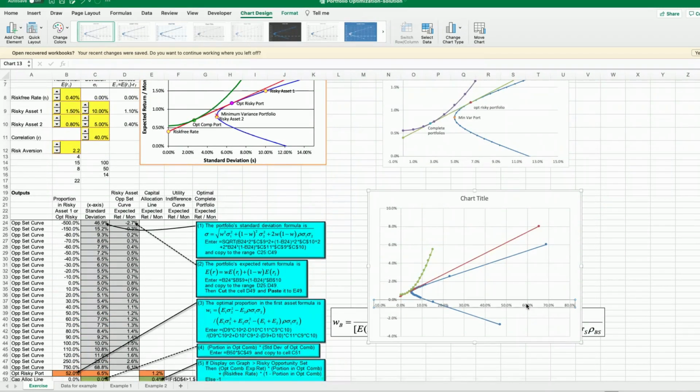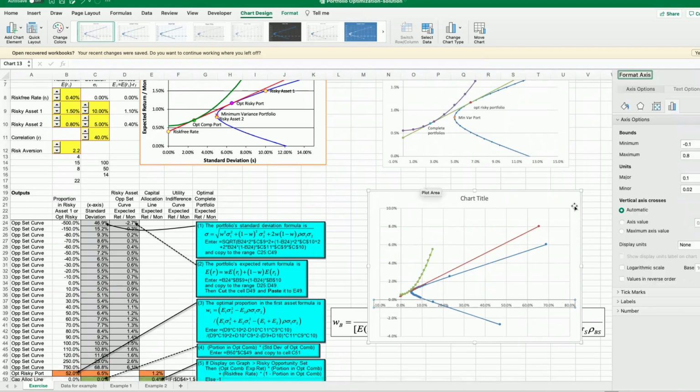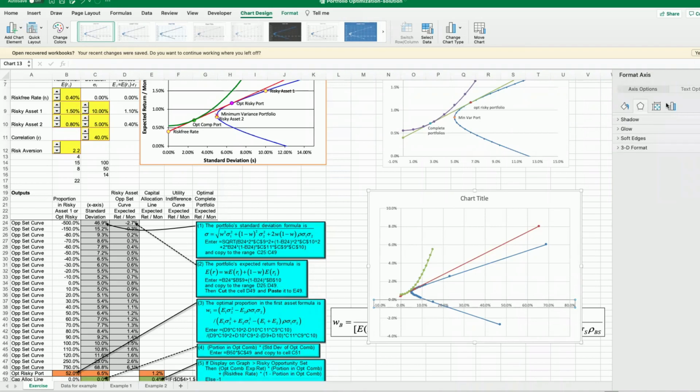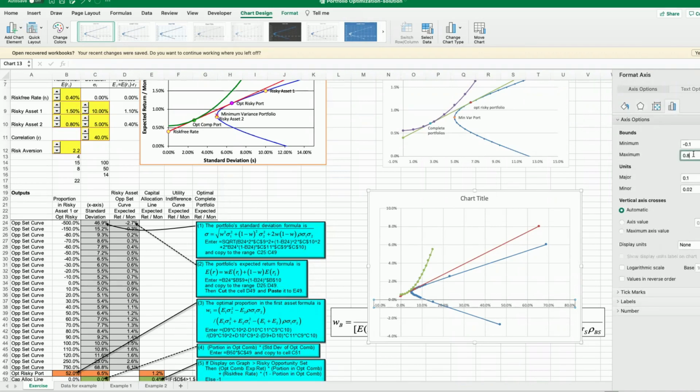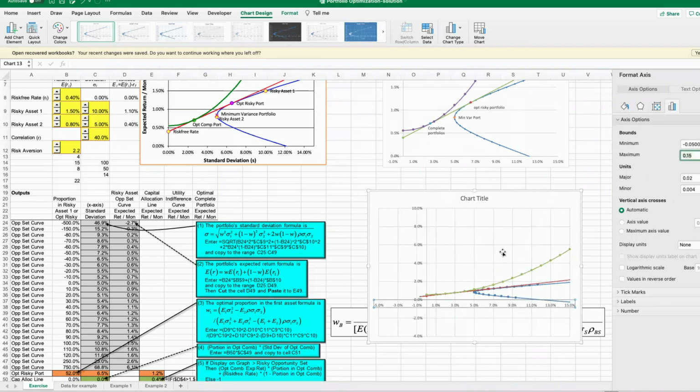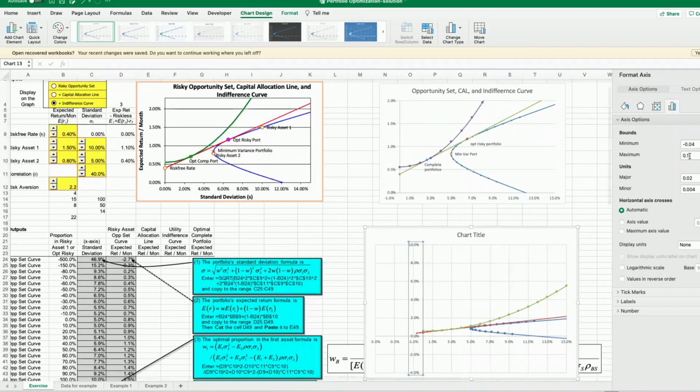So it seems that we don't need the full range of the x-axis to show the graph. So I'm going to change the x-axis bound. You can double click the x-axis value here, and Excel will probably automatically pop up the options or the settings for the graph. So you want to choose axis options and change the maximum level of the x-axis to 0.15. And for the y-axis, I think the maximum is 2.02.